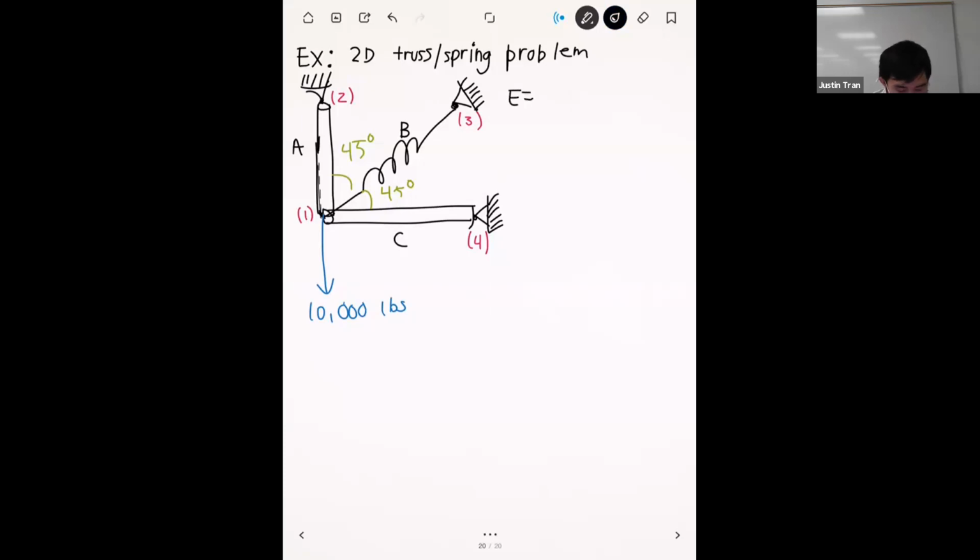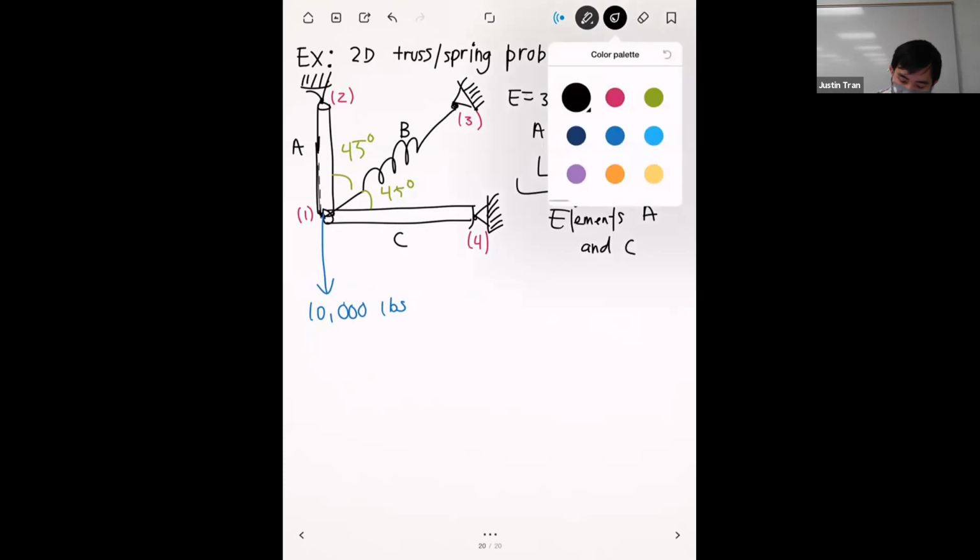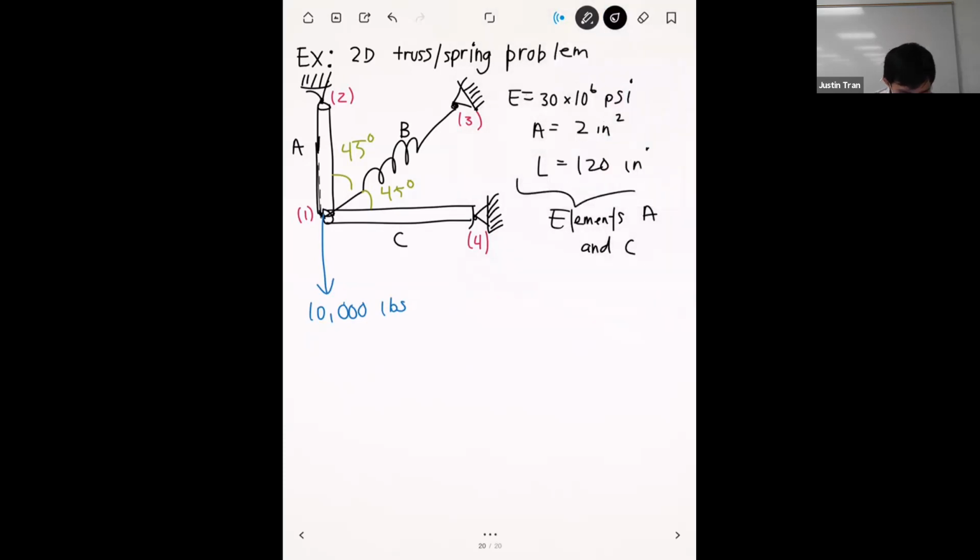So let me go ahead and write the stats. Okay. And so let's say we have a Young's modulus of 30 times 10 to the 6 psi. We have an area of 2 square inches and a length of 120 inches. And these stats right here are going to apply to both of the truss elements, elements A and C. Whereas element B will have a spring constant.